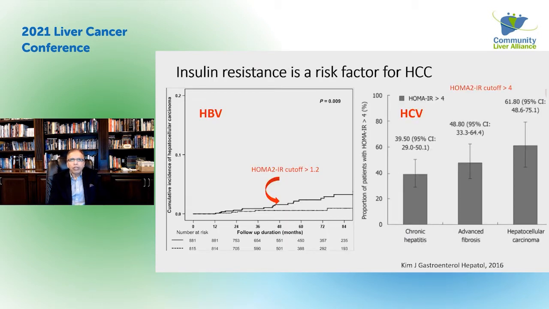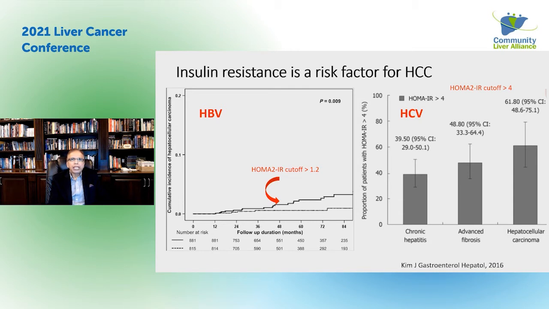This is all within the group of patients who have metabolic syndrome. Metabolic syndrome is the combination of obesity, insulin resistance as manifested with type 2 diabetes, dyslipidemia, and hypertension. This is a study looking at HOMA2-IR, which is a measure of insulin resistance.